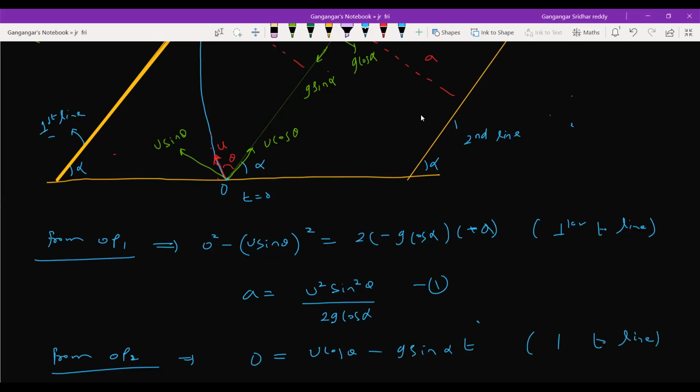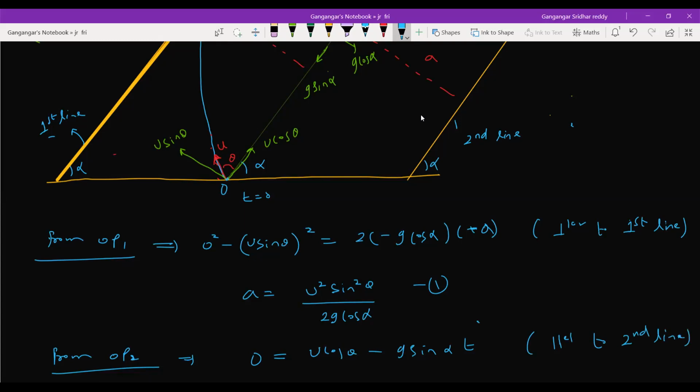Parallel to the line. Let me make things still more clear. Perpendicular to first line, this will be parallel to. Okay, now is that okay?